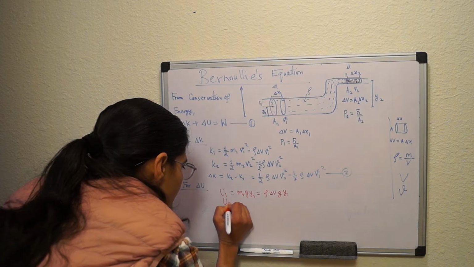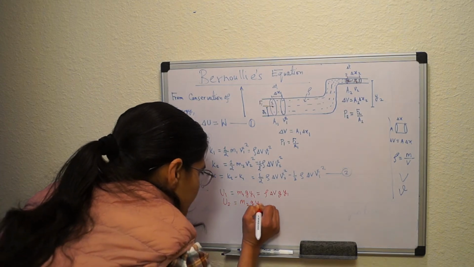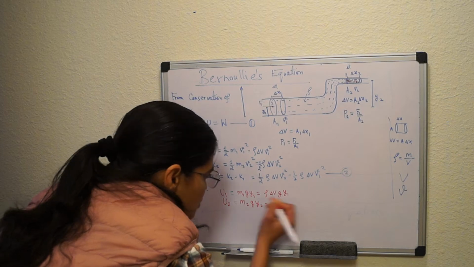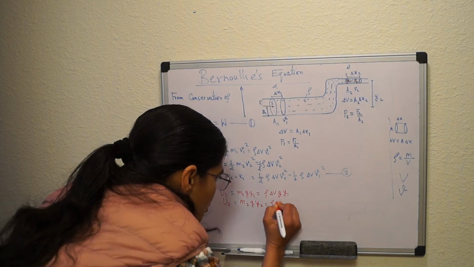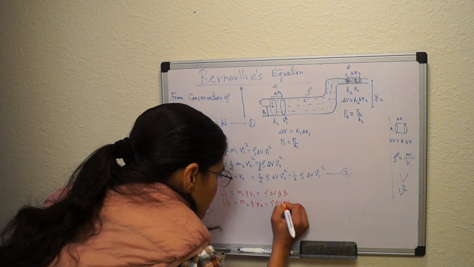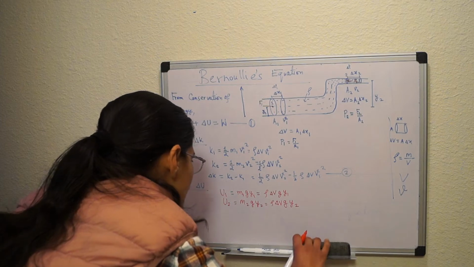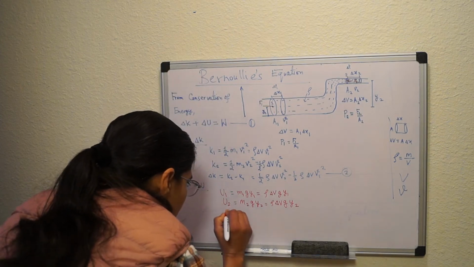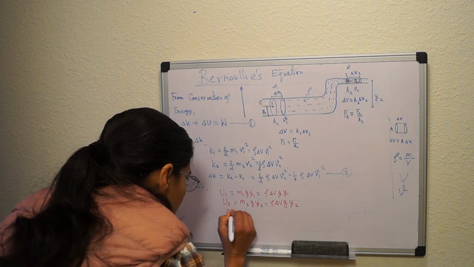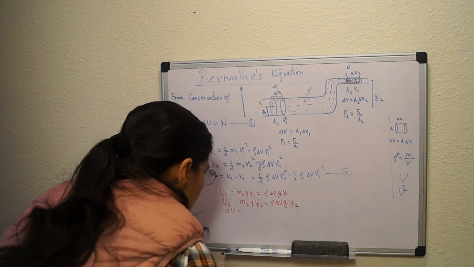Similarly, we can find U2 equal to m2 g y2. And then again, as you know, m1 and m2 are the same here, so rho delta V g y2. So from this we can write down the equation for delta U. Now, should we subtract U1 from U2 or U2 from U1?